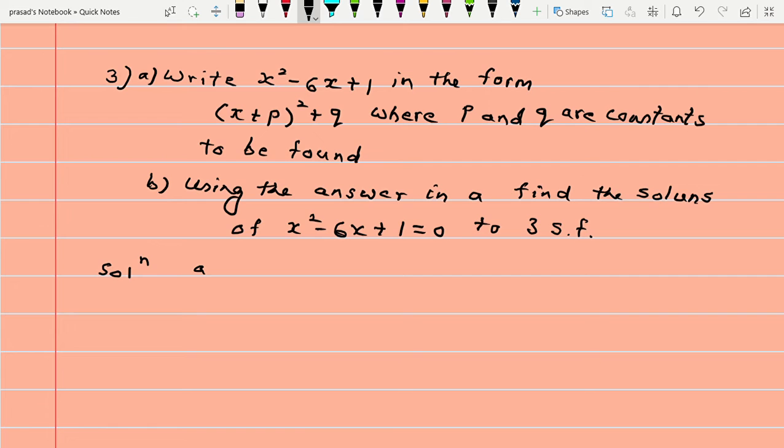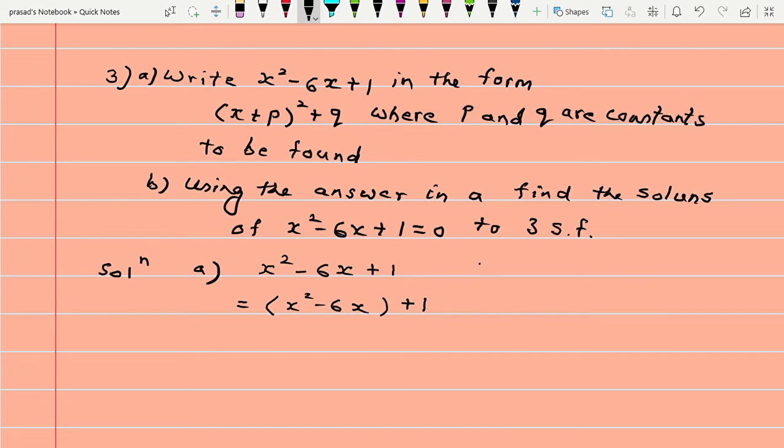Now keep it in mind that x square minus 6x plus 1 is the expression. It is not an equation because there is no right hand side. So x square minus 6x plus 1. As we have done in the last class, take x square minus 6x together and take the constant 1 separately.